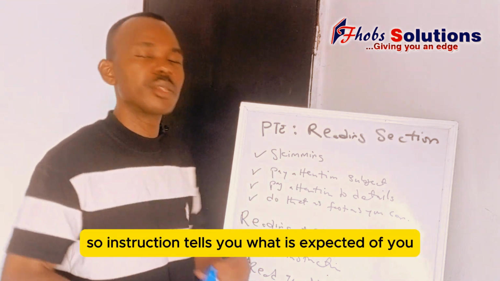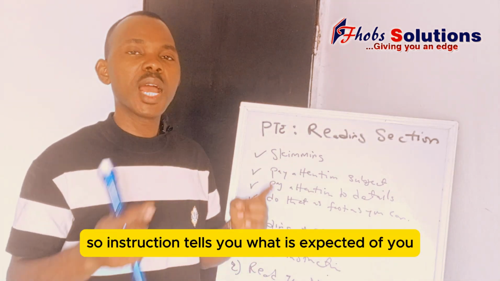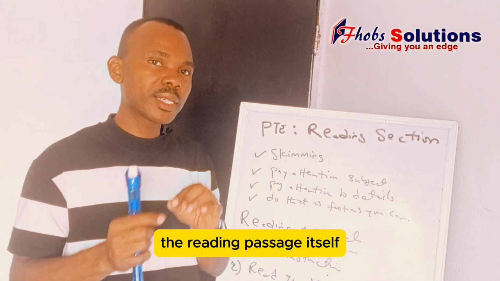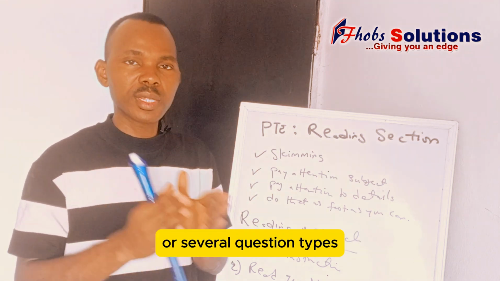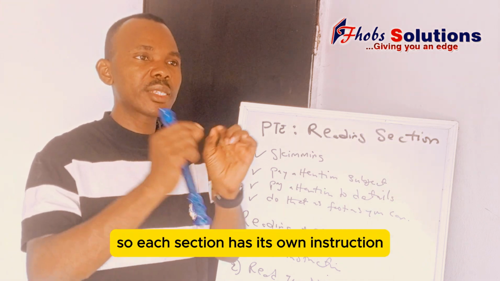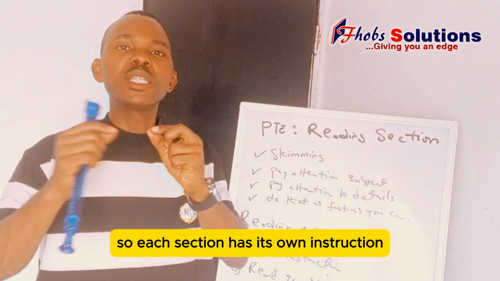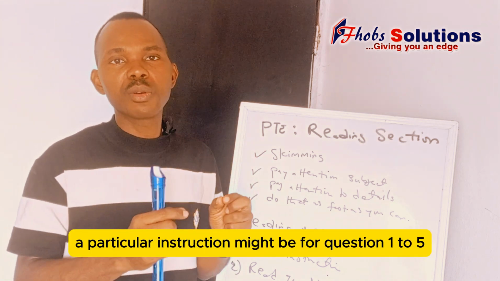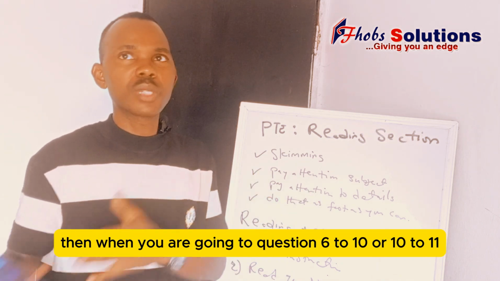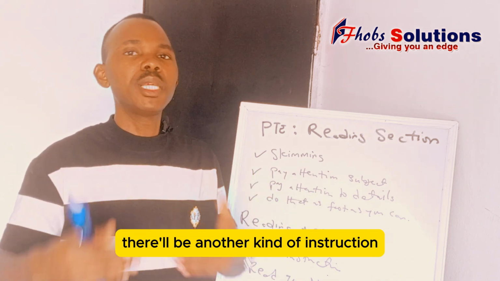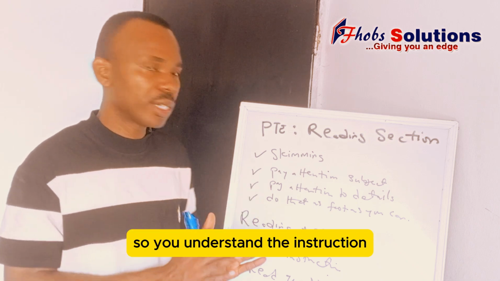So the instruction tells you what is expected of you. And remember that the reading passage itself is actually broken down into several items or several question types. So each section has its own instruction. A particular instruction might be for questions 1 to 5. Then when you are going to questions 6 to 10, there'll be another kind of instruction. So you understand the instruction.